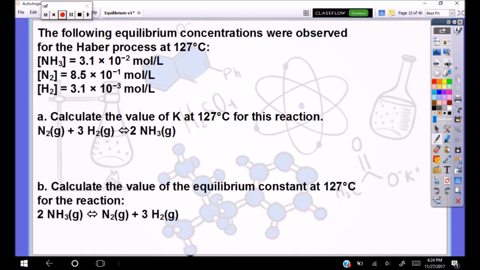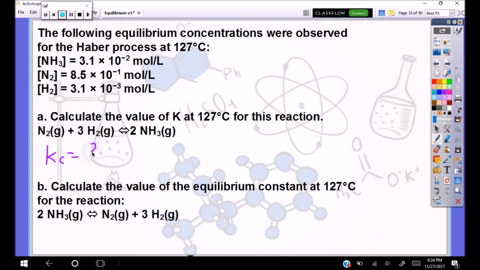So, the following equilibrium concentrations were observed for the Haber process at 127 degrees Celsius. We're given our concentrations, and we're told to calculate K for the different situations. So let's do it. We need our equilibrium expression. Here is the Haber process. It's in the forward direction.